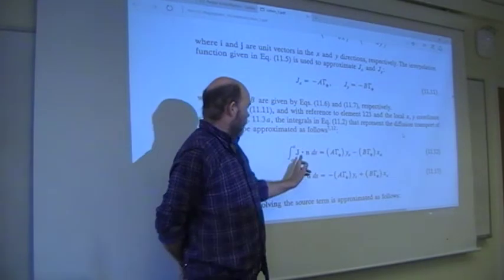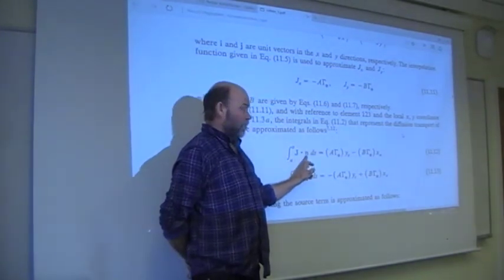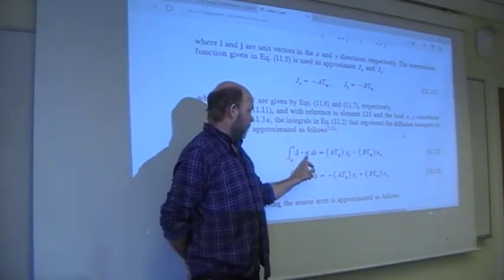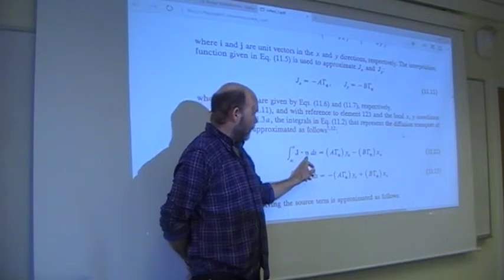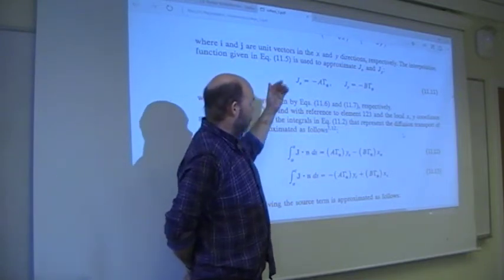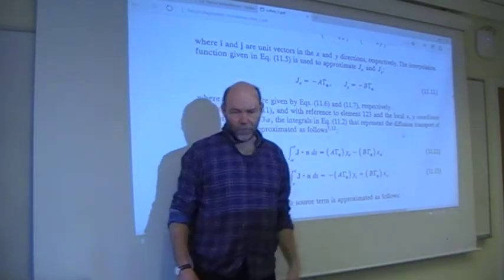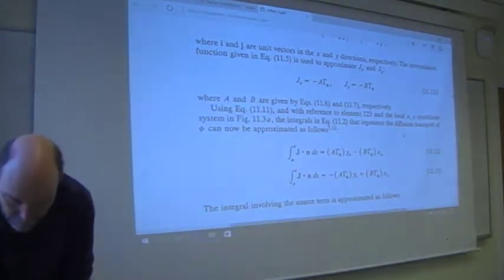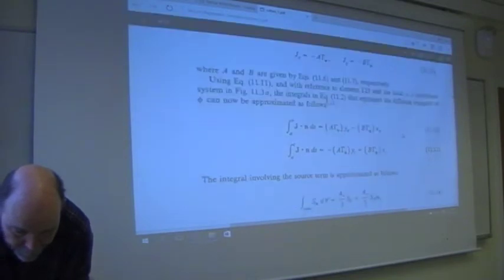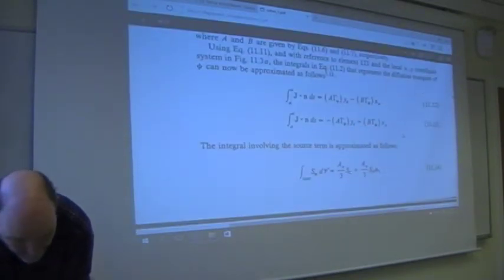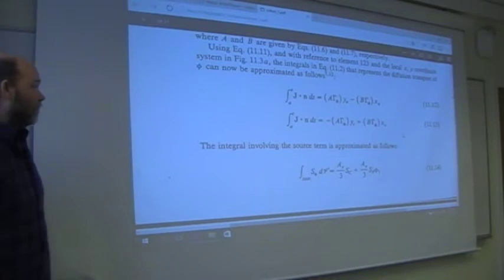So remember, you had a dot product here, so in general direction, this normal vector can be any direction. But with this way of interpolating your unknowns, you'll end up with a cute little expression on the other side. It's not that hard. Source term still has to be a volume integral.